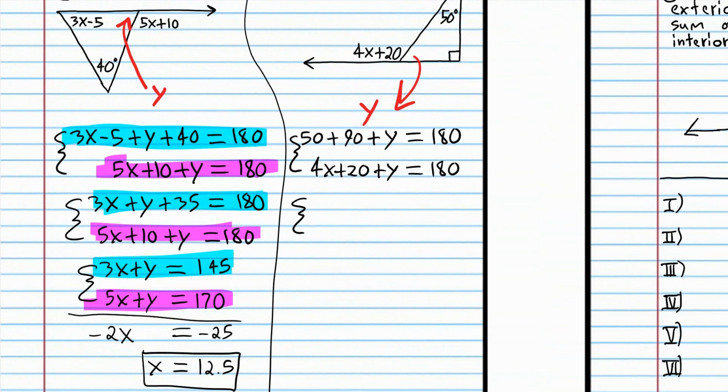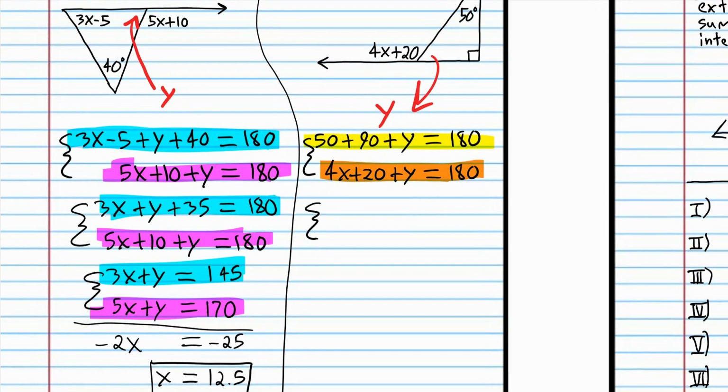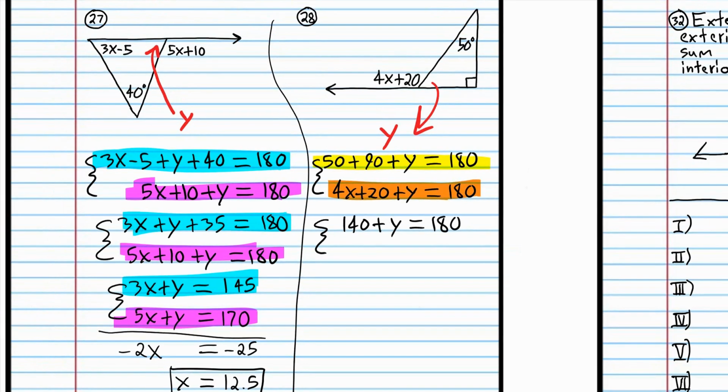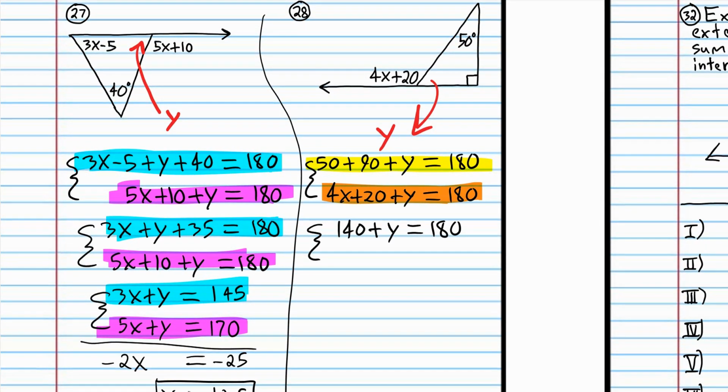So I'm going to simplify the top equation. I get 140 plus y is equal to 180. And the bottom equation is going to be, I'm just going to subtract.